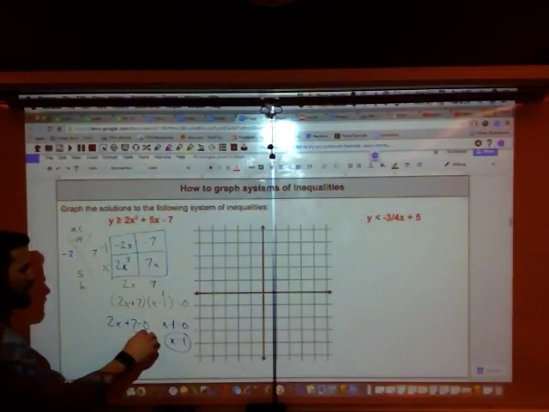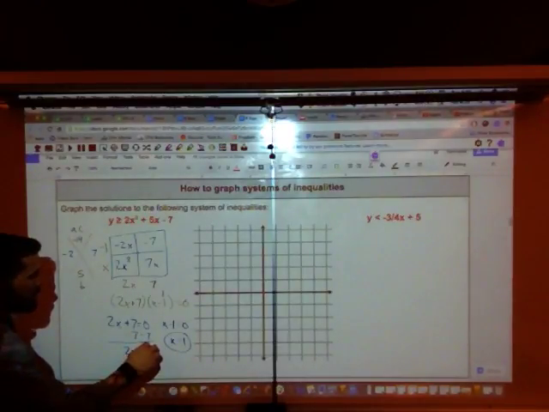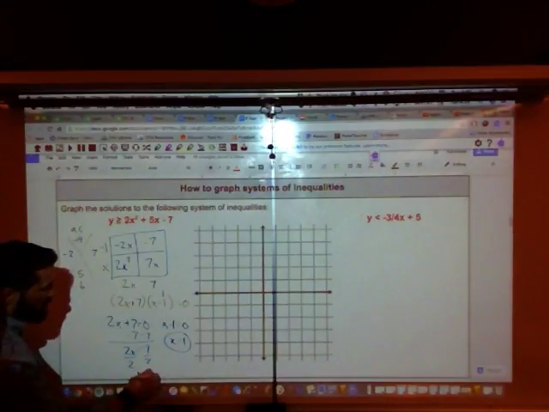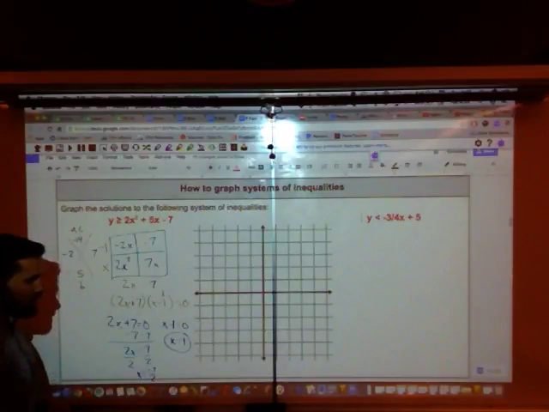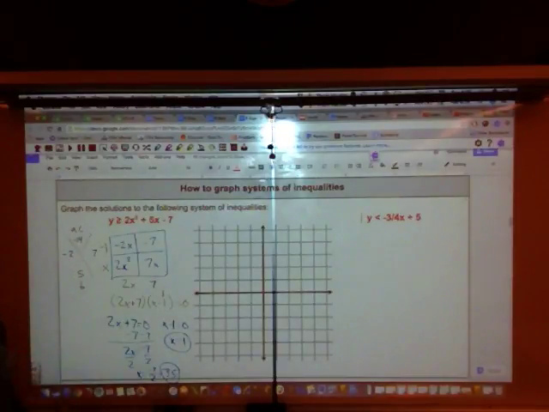This one I'll do the math. Subtract 7 on both sides. 2x equals -7. Divide by 2 on both sides, x equals -7/2, which is basically -3.5. So those are my two x-intercepts.